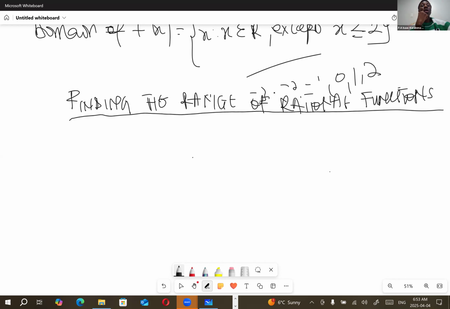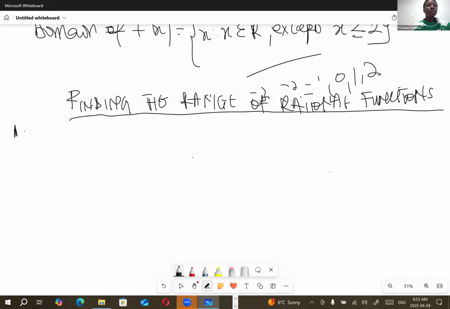Normally we try to look at cases where the numerator and the denominator are actually linear functions. I'm going to give you an example and then I will illustrate it.